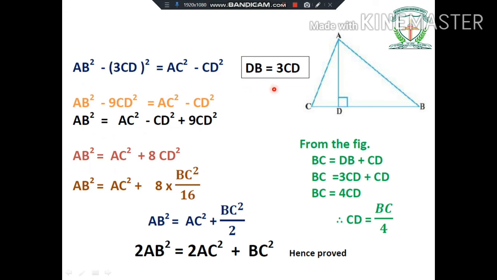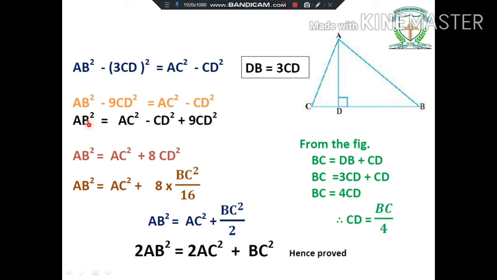Okay, children, apply the condition here. DB is equal to 3CD. AB square as it is. In the place of DB, you write 3CD whole square is equal to AC square minus CD square as it is. Simplify this. AB square minus 3CD whole square. 3 square is 9, so it is 9CD square, equal to AC square minus CD square.